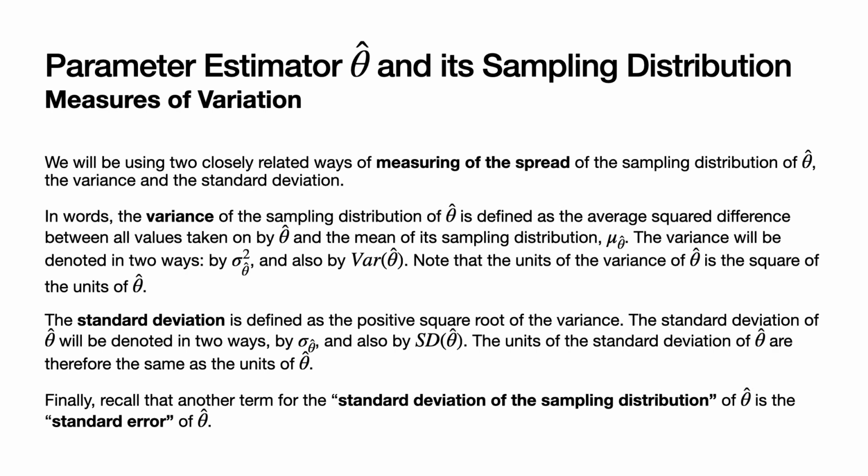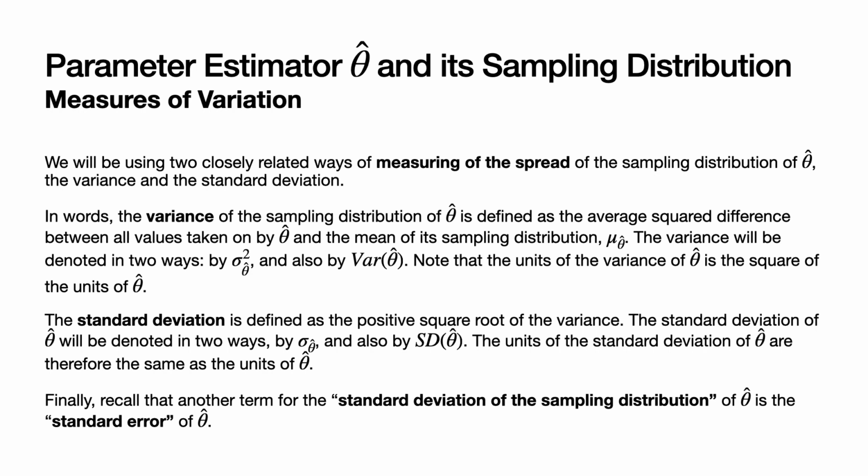We will be using two closely related ways of measuring the spread of the sampling distribution of theta hat, the variance and the standard deviation. In words, the variance of the sampling distribution of theta hat is defined as the average squared difference between all values taken on by theta hat and the mean of its sampling distribution, mu sub theta hat.